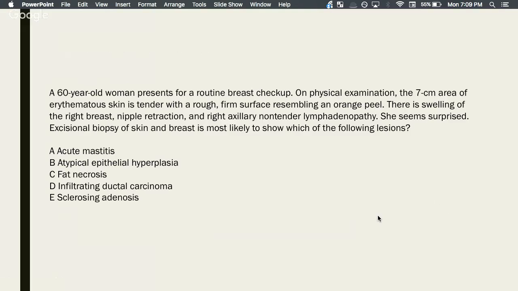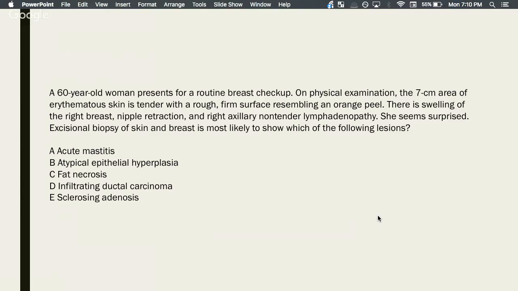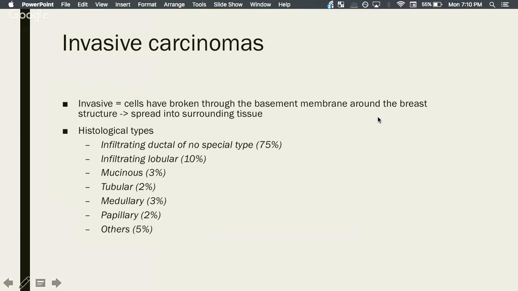Yeah, perfect. So it's basically invasive. In terms of the different types of invasive carcinomas, all it means if a carcinoma is invasive is that it's broken through the basement membrane, and that's the reason for your nipple retraction as well as lymphadenopathy, because it's actually spreading.